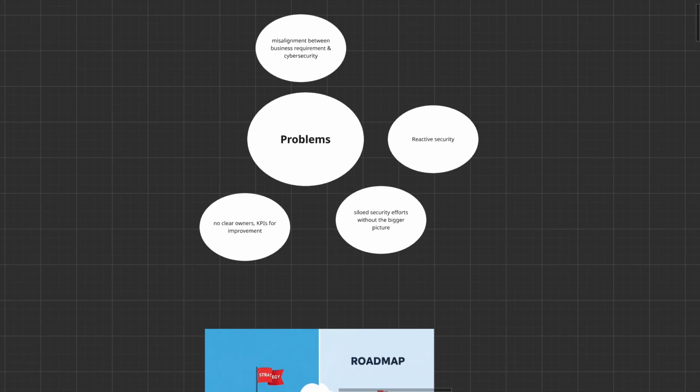What happens with reactive security is that the same incidents keep happening, and the same response also happens. So it's very ineffective. Businesses suffer heavily in this reactive approach. Security should be proactive. If you are prioritizing, if you are using resources after you have been affected, that's not the purpose of security. The damage is already done. You want to do something before the damage is done. So reactive security is a problem.